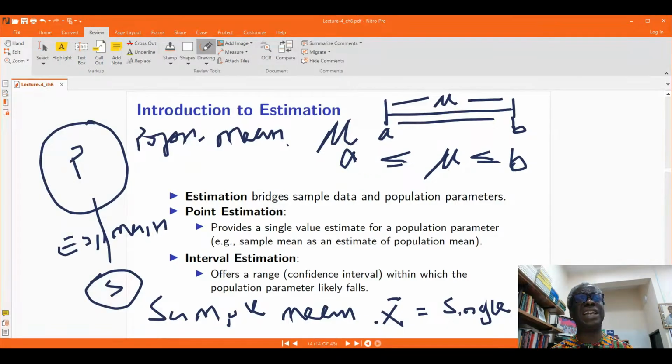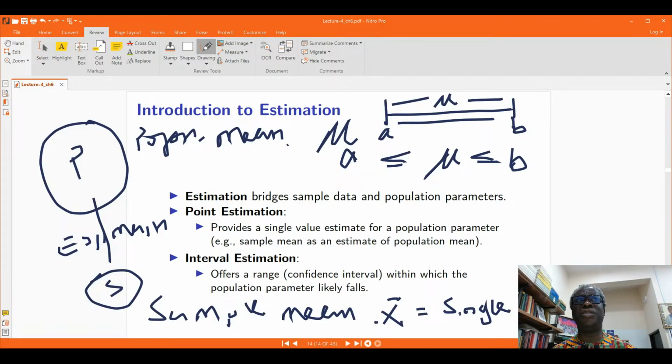In interval estimation, a range of values, the lower value and the upper value, are provided, and then we say the value.